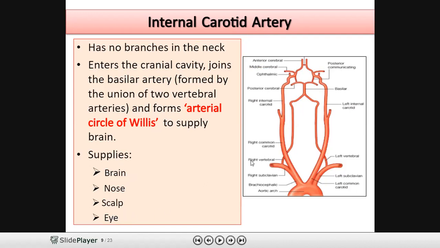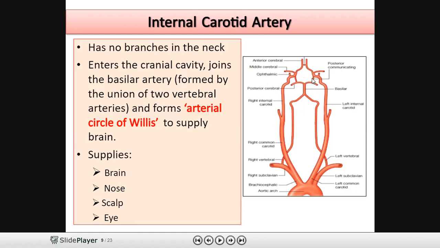And we mentioned some of the branches in our previous lecture. So here we have the left internal carotid artery and the right internal carotid artery. This artery gives off the ophthalmic branch, the middle cerebral artery, the anterior cerebral artery, and the posterior communicating artery.